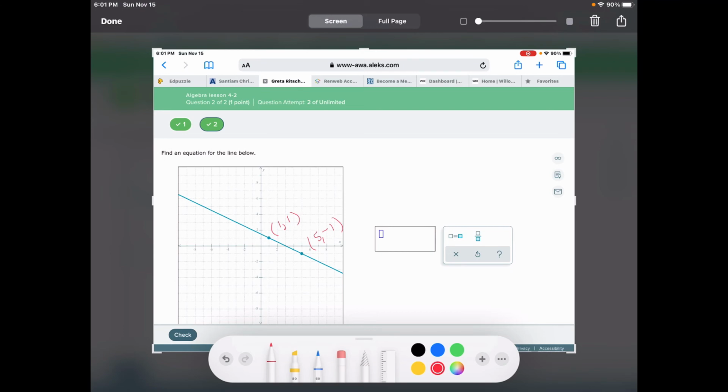I kind of like just looking at the graph. This will be down 2 and over 1, 2, 3, 4. So rise over run. If I had wanted to use the slope formula, it would look something like this. Negative 1 minus 1 over 5 minus 1 equals negative 2 over 4, which is negative 1/2.